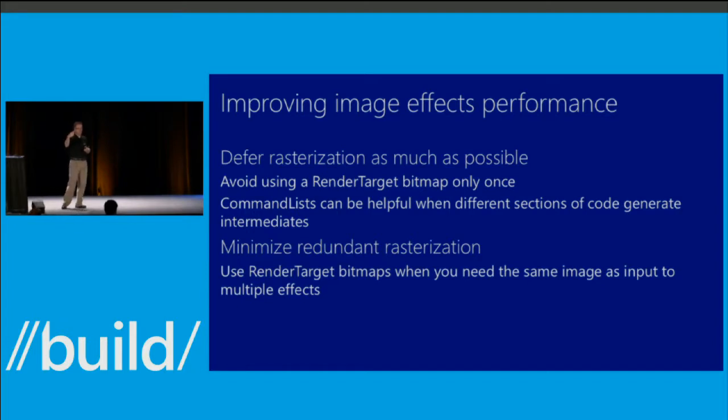If you're only going to use them once, think about deferring them. If you're going to use them multiple times, if they're input in multiple places, then use a bitmap. You can consider command lists here in some cases. I know it's kind of wishy-washy in terms of a clear statement, but it's because image effects are so flexible that it's hard to say, do this always, because there'll be cases where it's like, yeah, but not there.